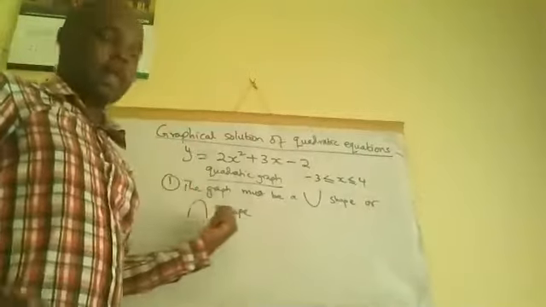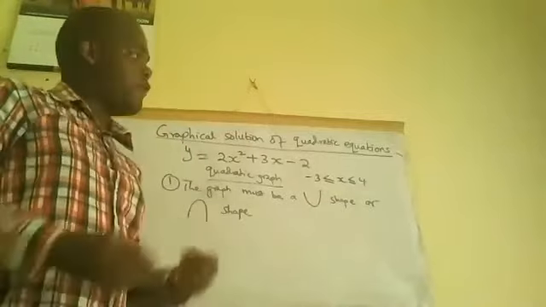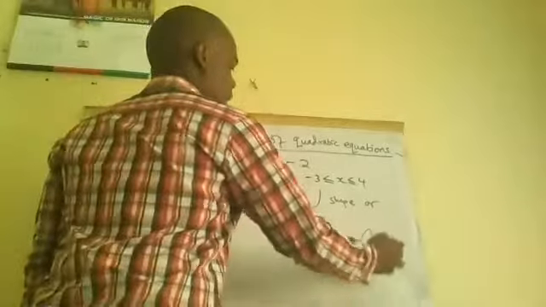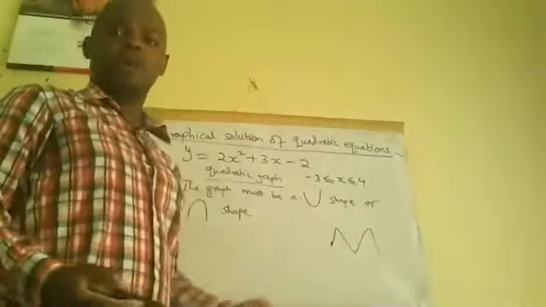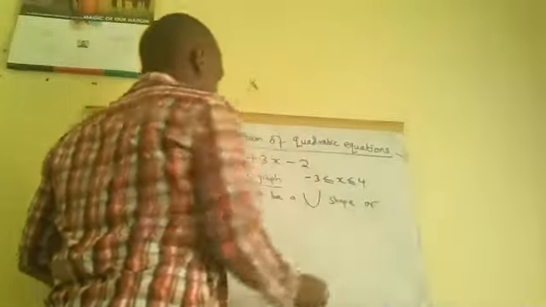So it must be like this, U-shape or N-shape. So if you find yourself drawing something like M or W, then it means there is something wrong with your graph. So it must be U-shape or N-shape.